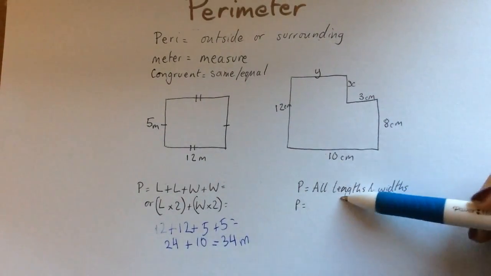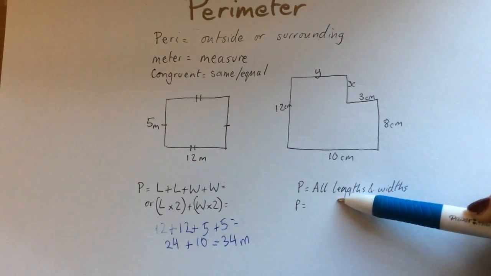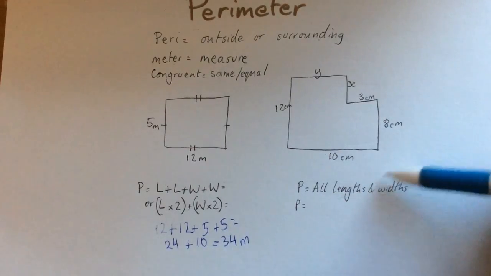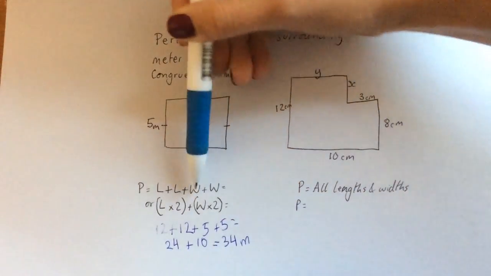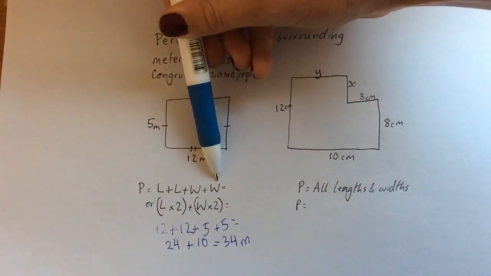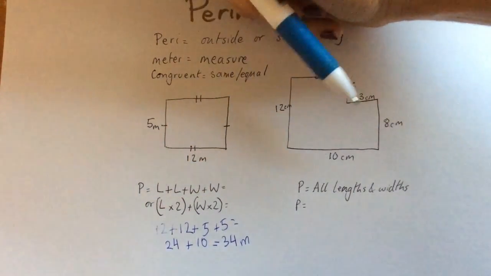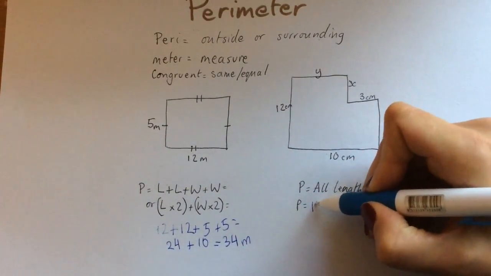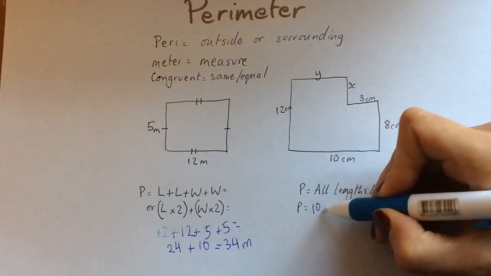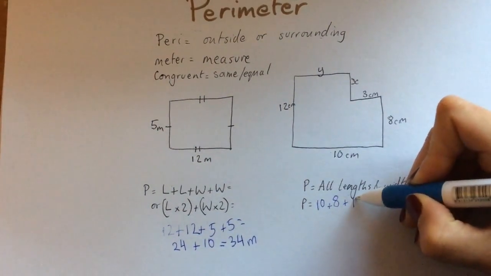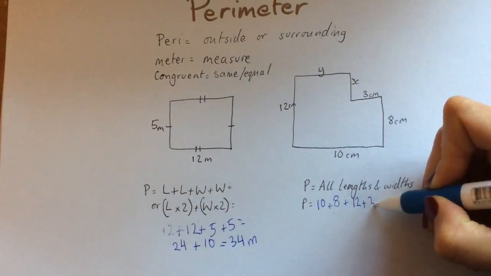With this perimeter equation, it is basically just adding all of the lengths and widths together, which is essentially this one, but this formula works only for rectangles. So this one, I've got my 10 here, plus my 8, plus my 12, plus my 3.